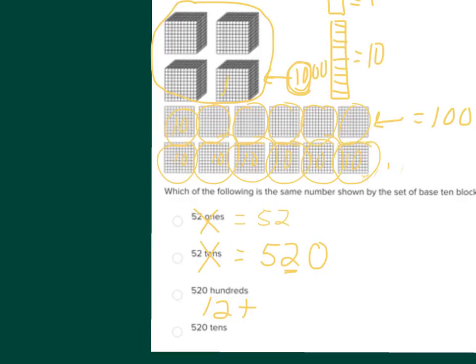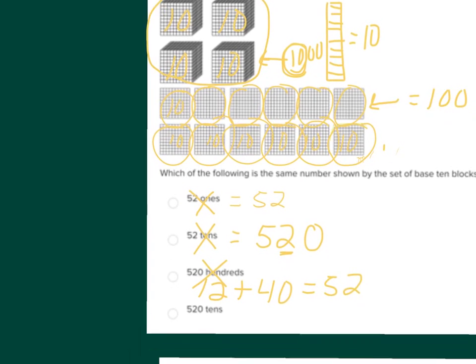So there are 10 hundreds there, 20, 30, 40 hundreds there. So we have 12 plus 40 hundreds. We have actually 52 hundreds, not 520. We don't have 520 hundreds. Okay, so we're down to this last one.